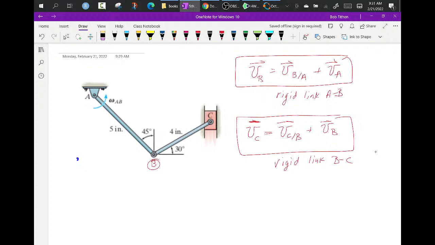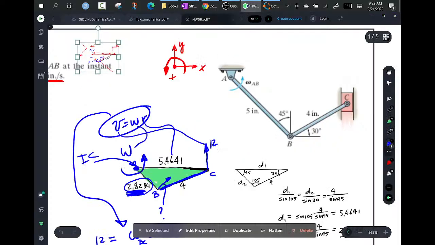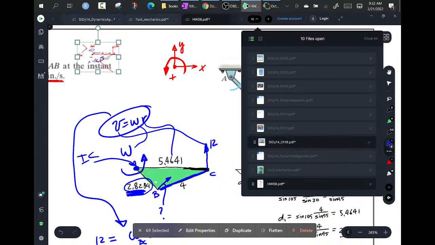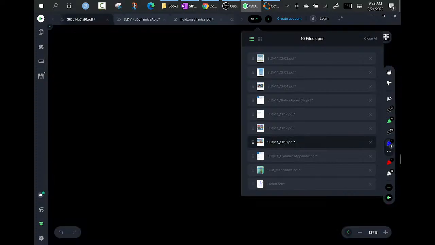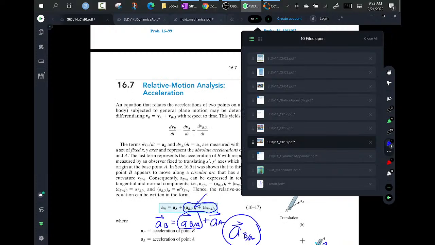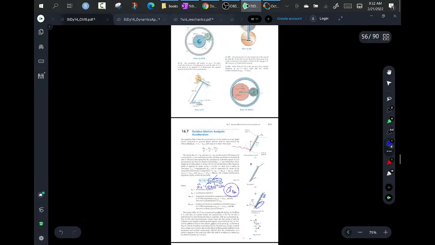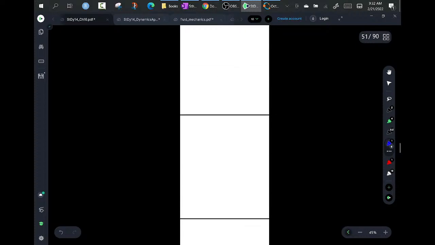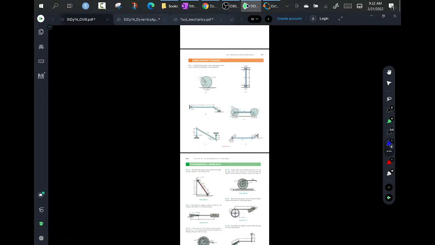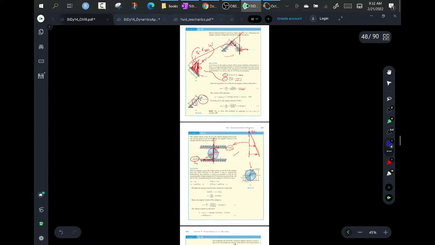So I'll start with B, for example. Velocity of B is equal to, so I'm basically copying this down. I'll go ahead and do the next step, and maybe I'll go back and reference it. I'll try to find that page relatively quickly. There's a section on instant center right previous to that.